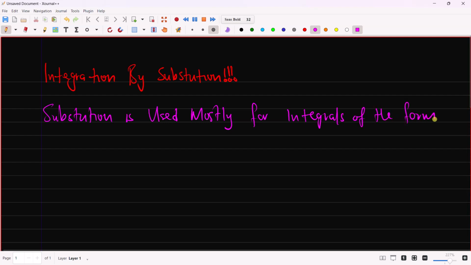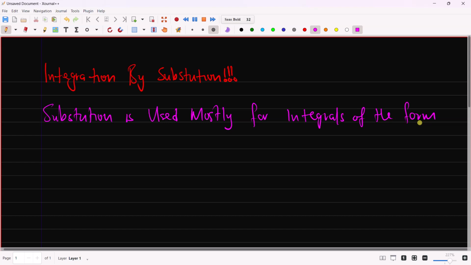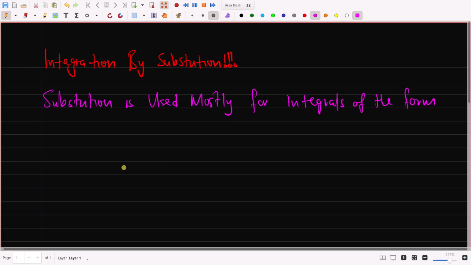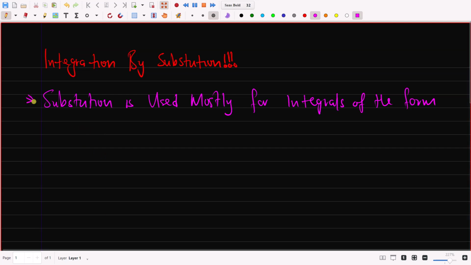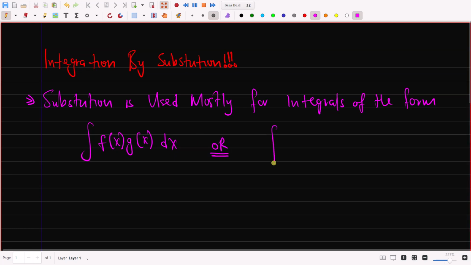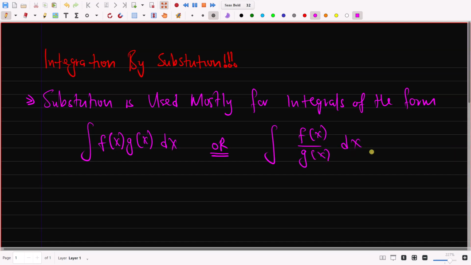of the form. So the substitution technique is usually used quite often for integrals of this form. Either you have an integral with a product of two functions, f of x multiplying g of x dx, or at times you have a quotient, that is, f of x over g of x dx.